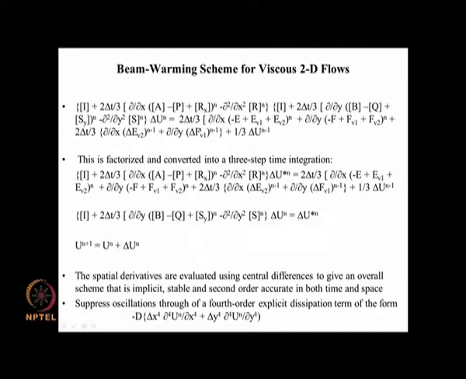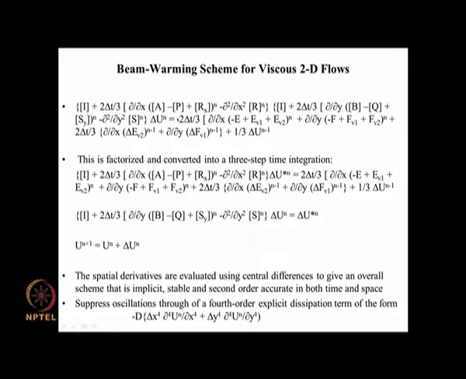So all of the right hand side is known, and the left hand side is a product of I plus the x derivatives, dou by dou x and dou square by dou x square, and similarly I plus the y derivatives, dou by dou y and dou square by dou y square. This can again be decomposed.